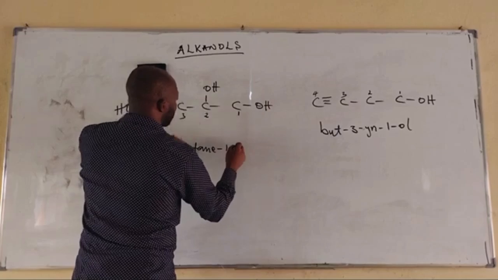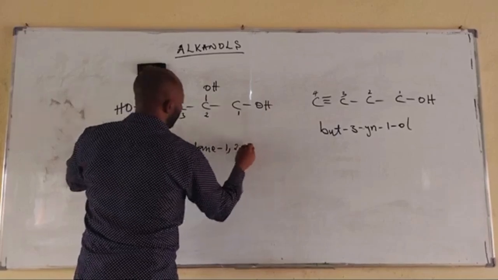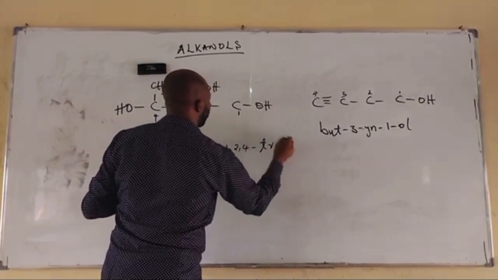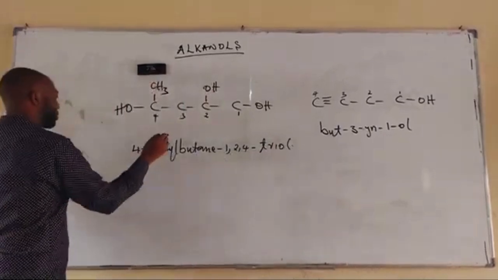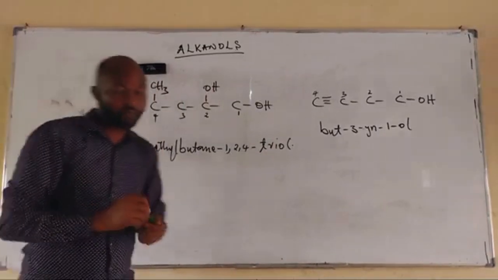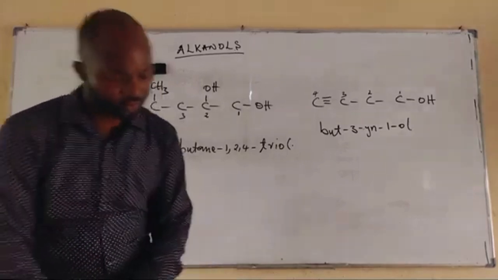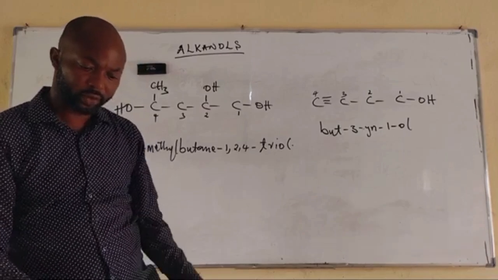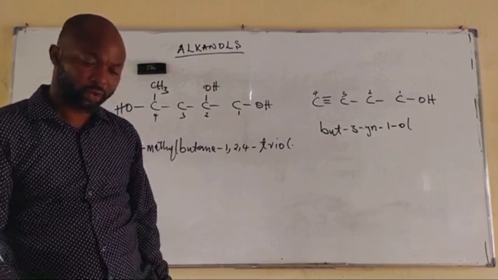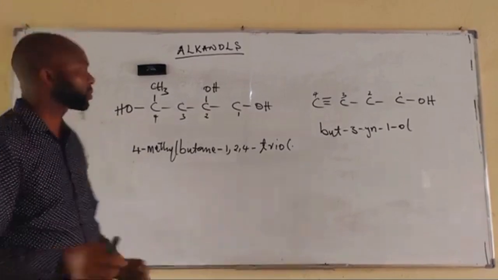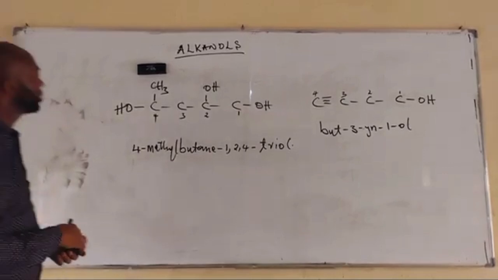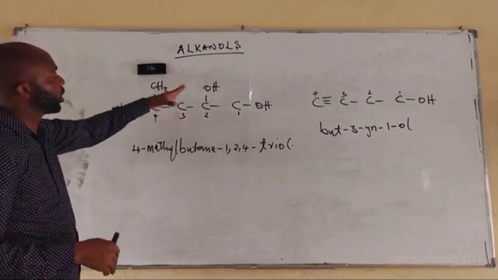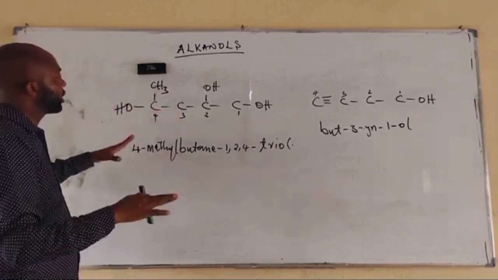That's how we go. First, you have to count to be certain about your parent chain.